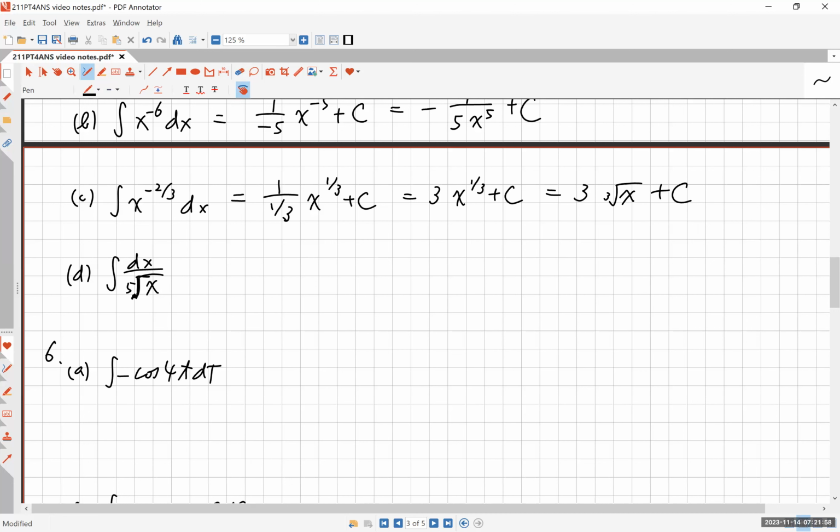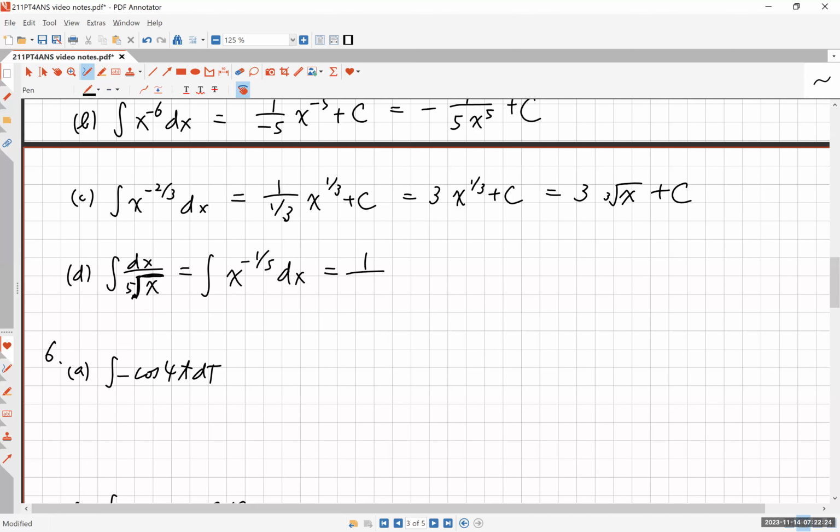All right, so this one is not 5 times the square root. This is the 5th root of x. So it may be a good idea to write this down as x to the -1/5. You use the power rule. This one may trigger you to think of some natural log or something, but it's really just the power of x, right? X to the -1/5. Okay, add 1 to -1/5, and you get 4/5, right?